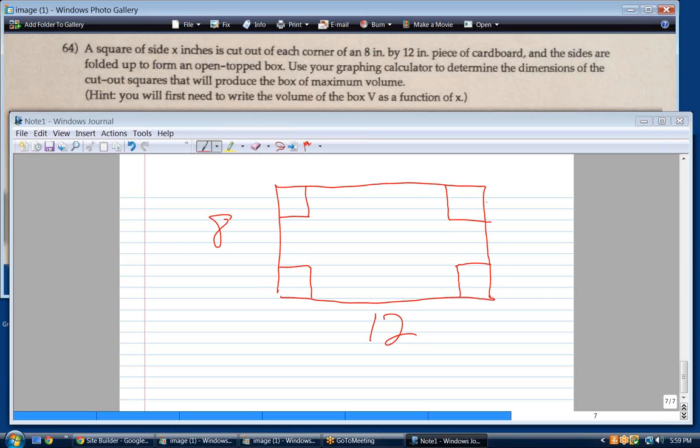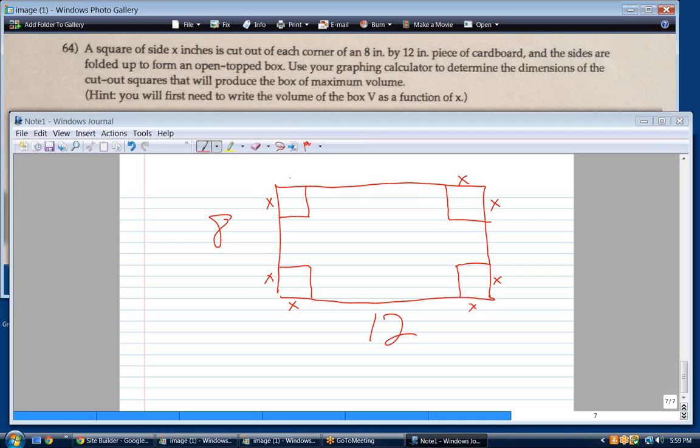And the dimensions on this square is x by x. And then, after I cut out this corner, I'm going to fold this up and make myself a box with no top on it. Okay?